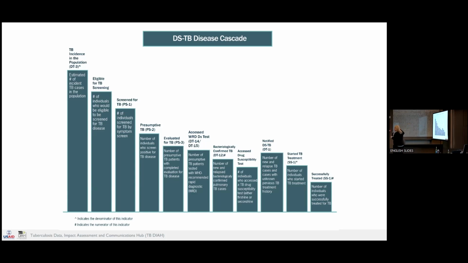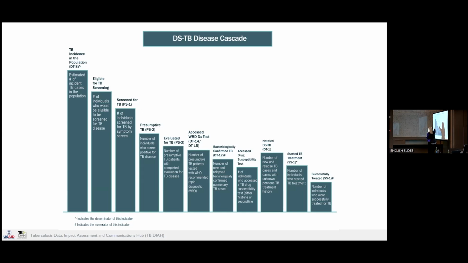Of course, that's what I was saying. If we start with estimated numbers, then it makes no sense to continue with a cascade of screening. Then we have to have the cascade showing how many were diagnosed, or not even diagnosed, how many were reviewed.